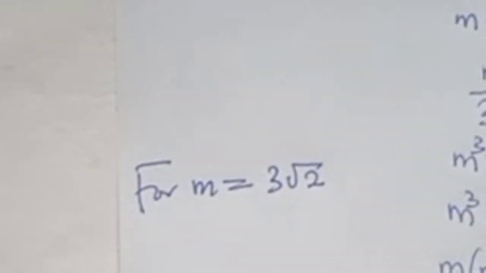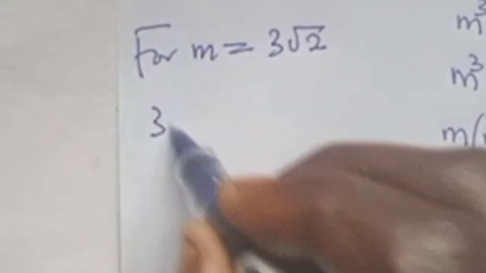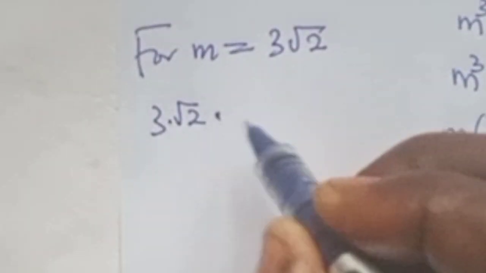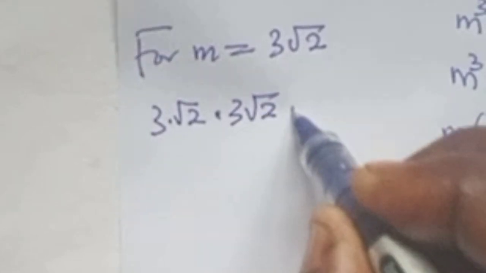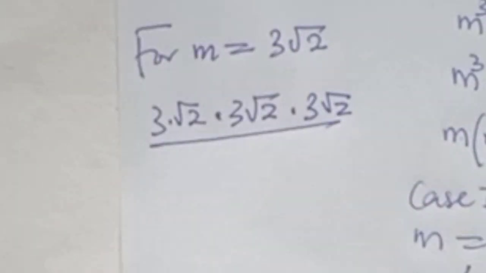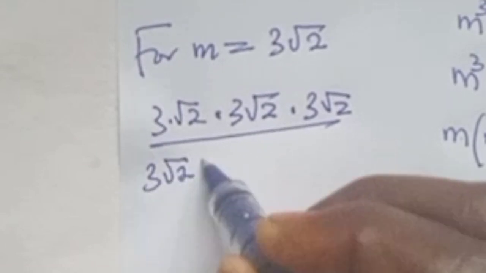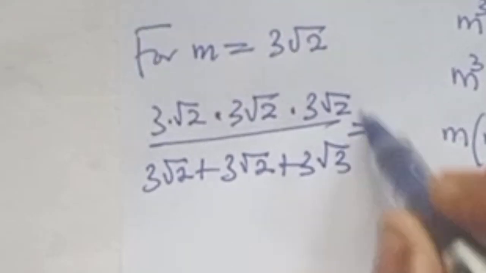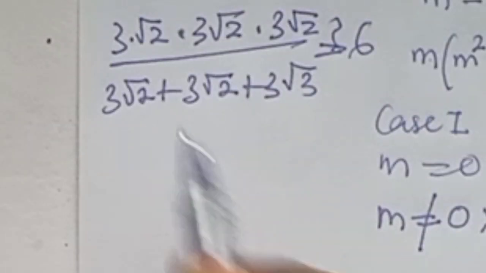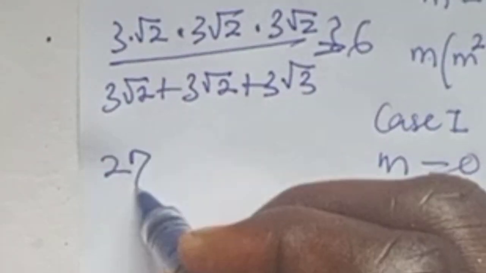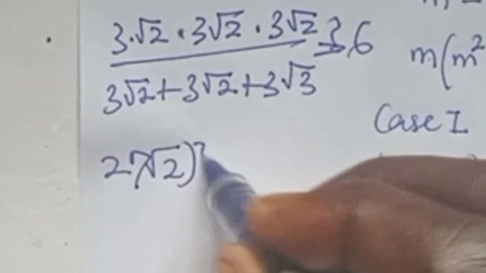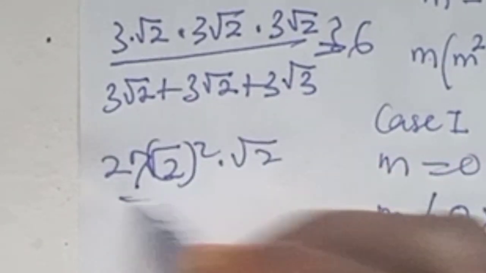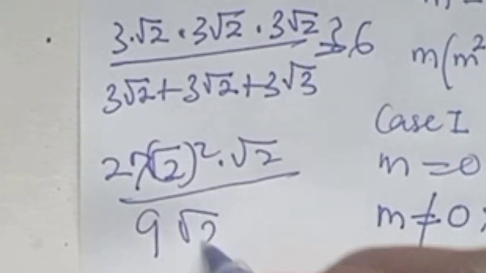Again, if we check the second value of m, for m equals 3 square root of 2, what we have would be 3 square root of 2 times 3 square root of 2 times 3 square root of 2, all over 3 square root of 2 plus 3 square root of 2 plus 3 square root of 2. Can this be equal to 6? Again, if you do this very well, we end up having 27 square root of 2 squared times square root of 2 all over 9 square root of 2.